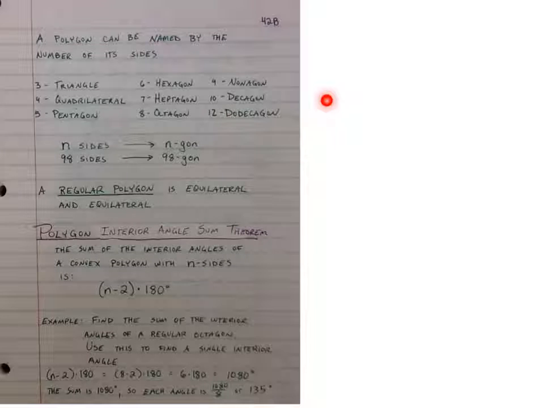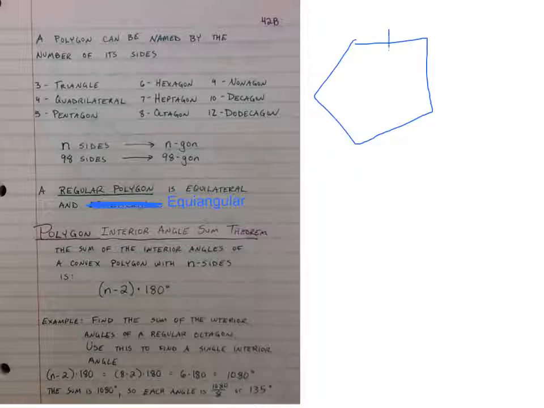Another common vocab word is regular polygon. And what that means is it's equilateral and equiangular. A little typo there I had to fix. All right, so it's equilateral and equiangular, which means all 5 sides are the same length if we're talking about a pentagon, and all 5 angles are going to be the same angle.